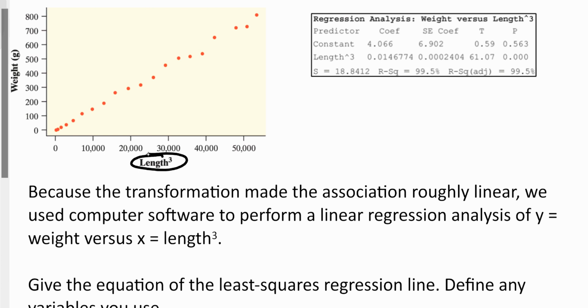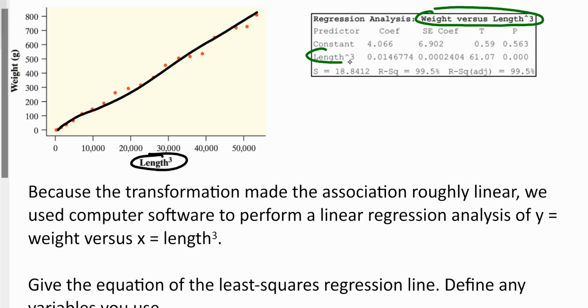So to get them on the same level, you could cube it, and then they're both like three-dimensional, right? And then look what happens. It's a very linear relationship. You can see that from the labels, and you can also see it on the computer printout where it says weight versus length cubed. You can also see right here the x variable says length cubed. So those are all there.